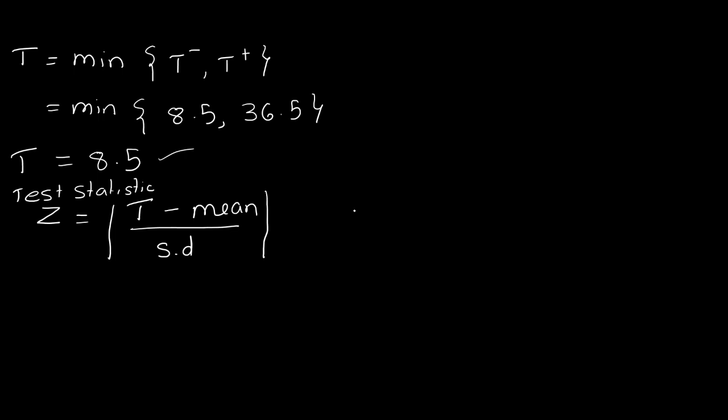Now how to calculate mean? Again the formula for the mean and the standard deviation changes in this case. For the Mann-Whitney test, the mean value was given by n1 into n2 by 2. But in this case, for Wilcoxon's test, the mean value is given by n into n plus 1 divided by 4.